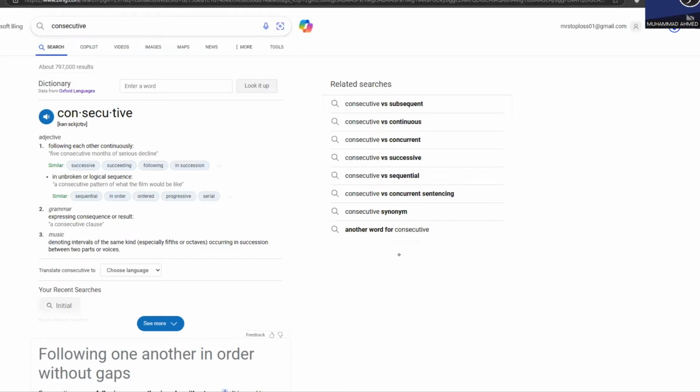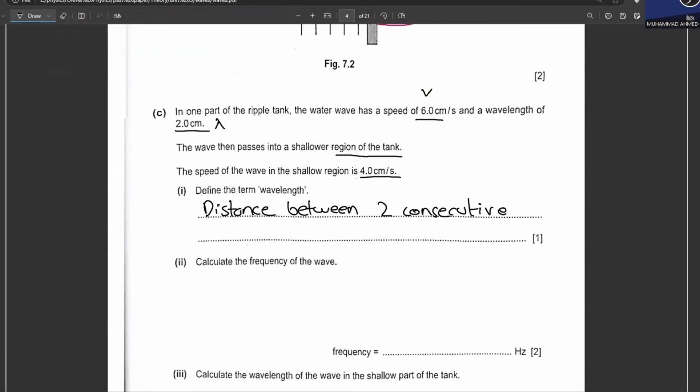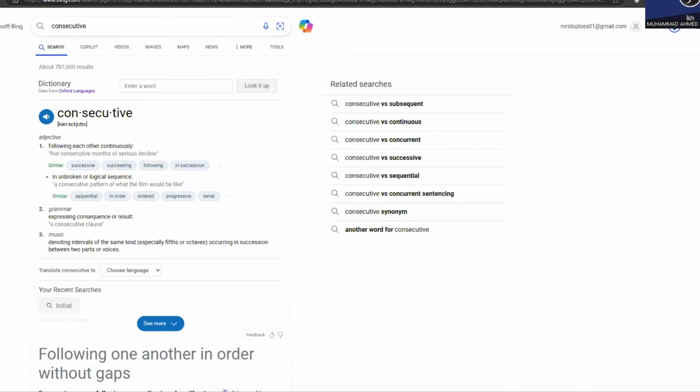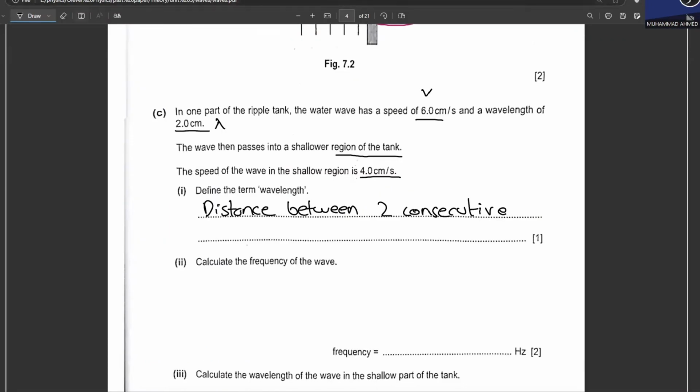I think I have made a mistake. No, I have written it correct. So distance between two consecutive in phase points is known as wavelength or lambda. Okay.